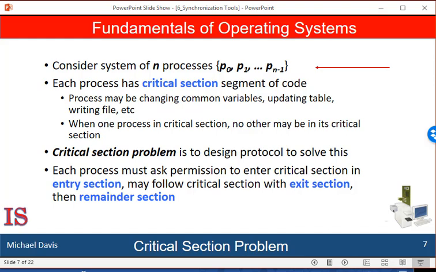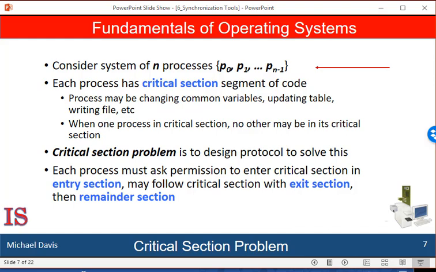A requirement of the system is that when one process is executing in its critical section, no other process can execute in its critical section.